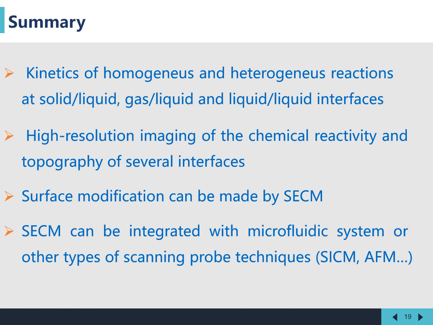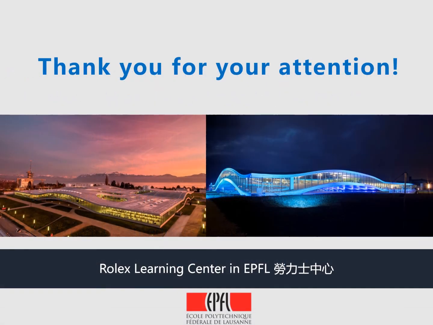High-resolution images of chemical reactivity can be achieved by SECM. And surface modification can be made by SECM as well. Finally, SECM can be integrated with microfluidic systems or other types of scanning probe techniques, such as SECM and AFM. Thank you for your attention.